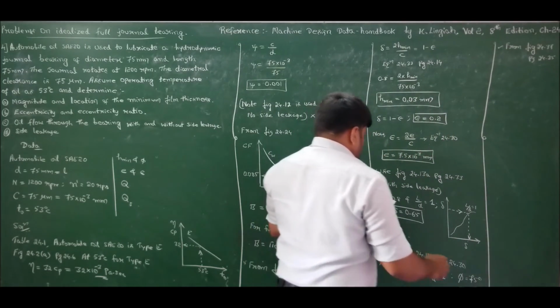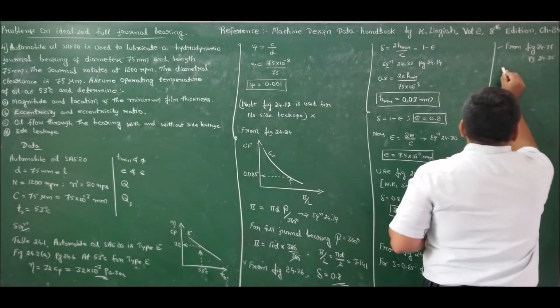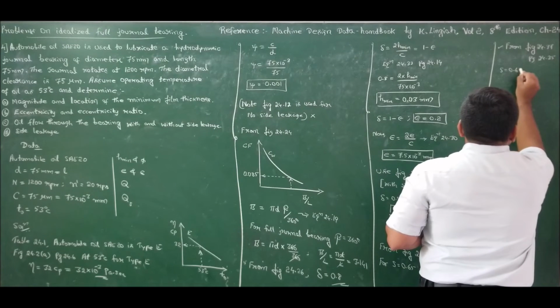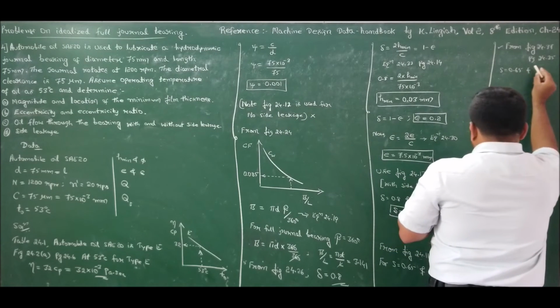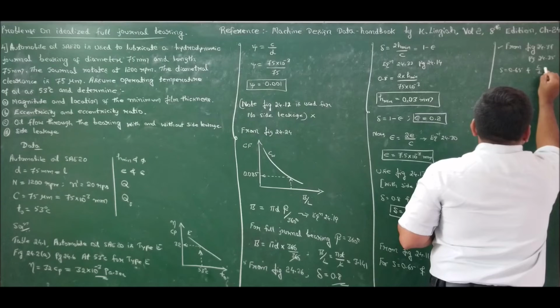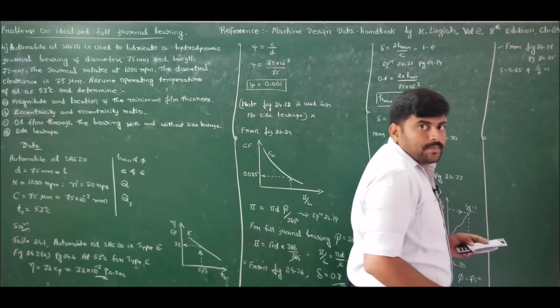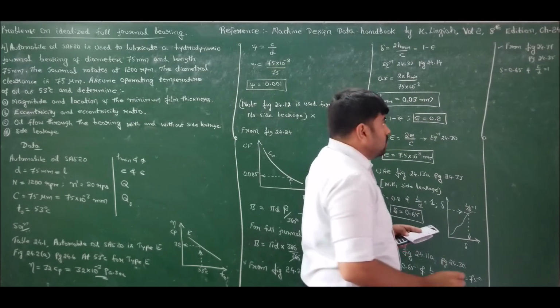Using the value of Sommerfeld number S equal to 0.65 and the value of L by D ratio equal to 1, we can find the value of the flow variable lambda q.